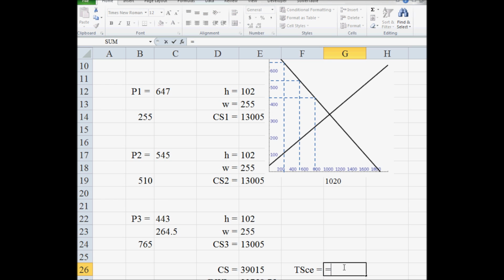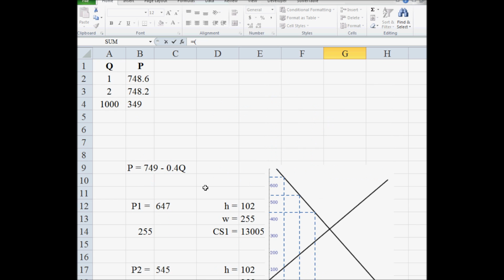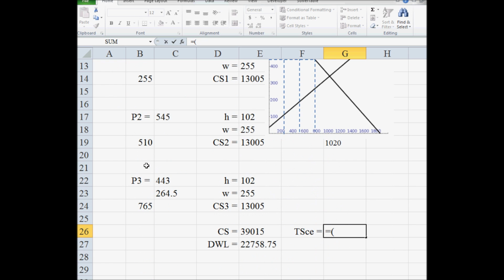The total surplus for the competitive equilibrium is the intercept of the demand curve, 749, minus the intercept of the supply curve, 35, times the competitive equilibrium quantity, 1020, divided by 2.